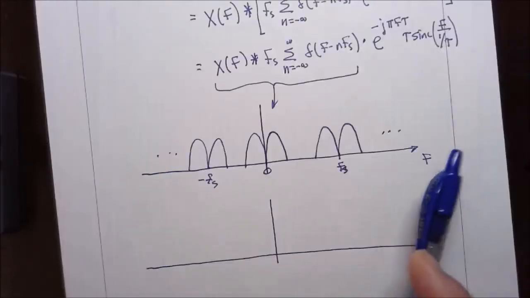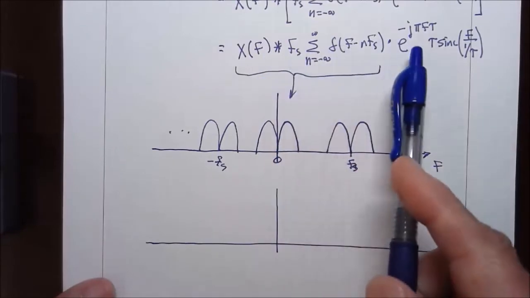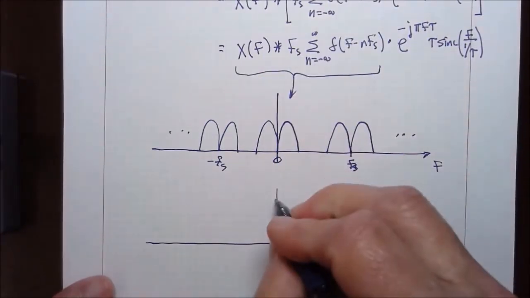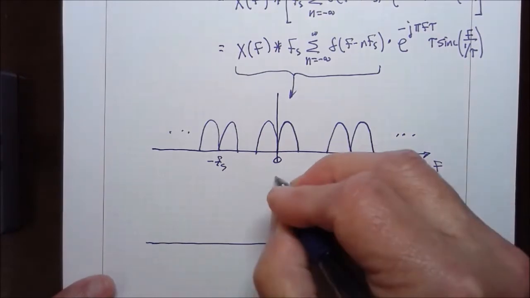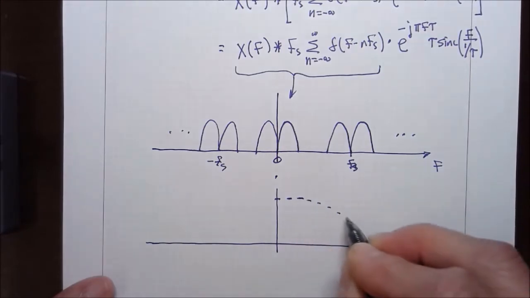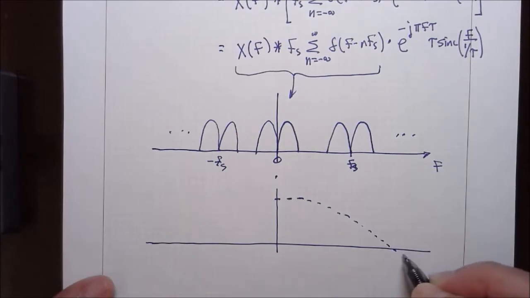And again, I'm not overly worried about the scale factors. I'm more worried about the shapes of these functions. So we're going to multiply this with a sinc function that looks something like this.